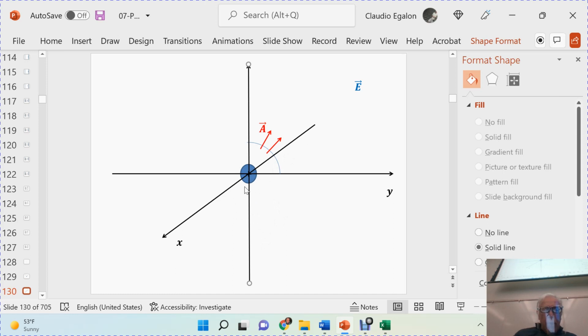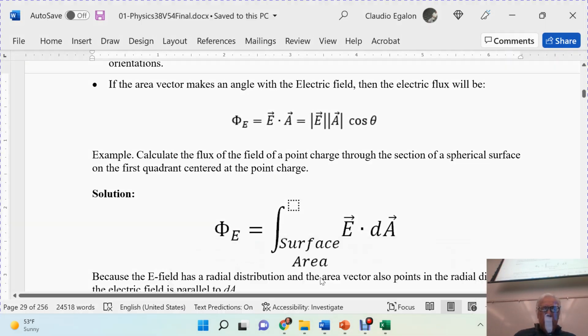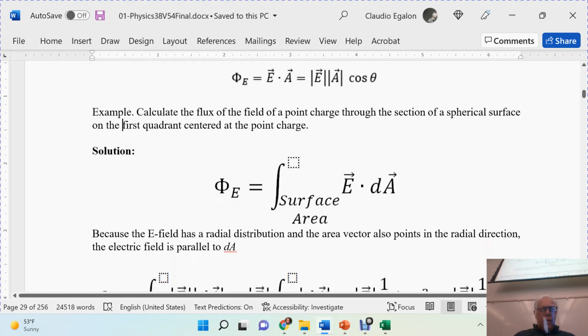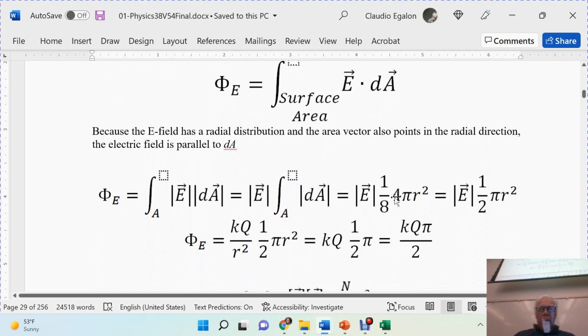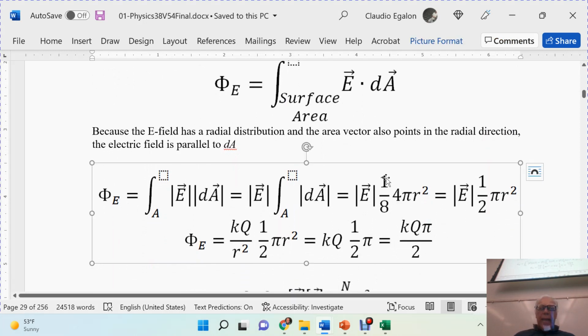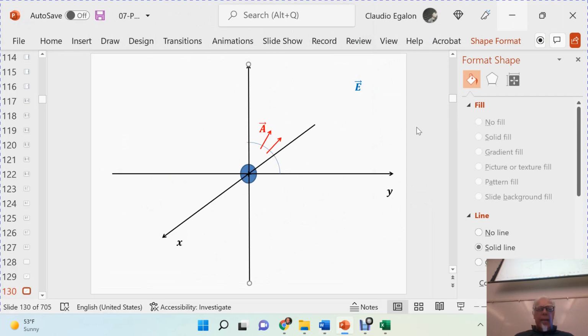It's not 4, it has to be more than 4. Well, let's go here in my notes. Okay, calculate the flux surface. Okay, it's 8. It's supposed to be 8. It's 4 for xy, right? But in the three-dimensional space, it's going to be 8.